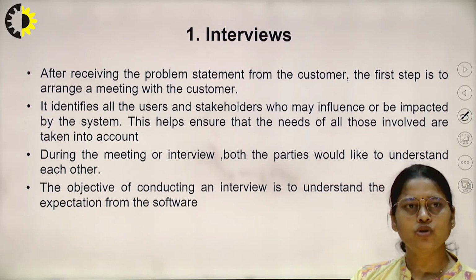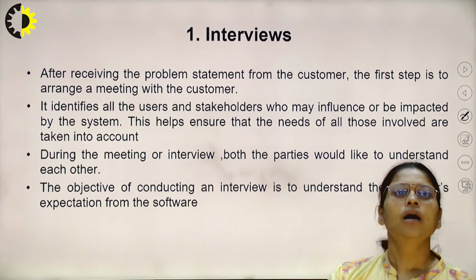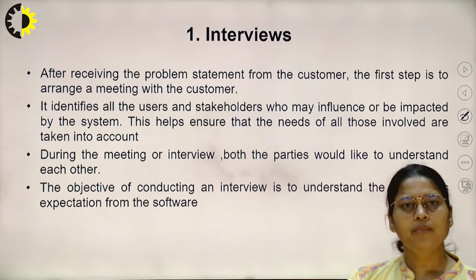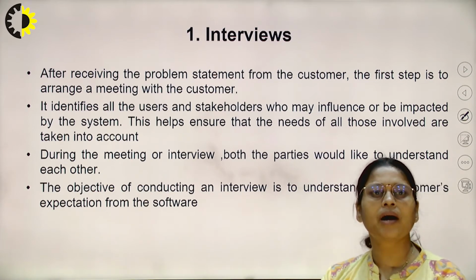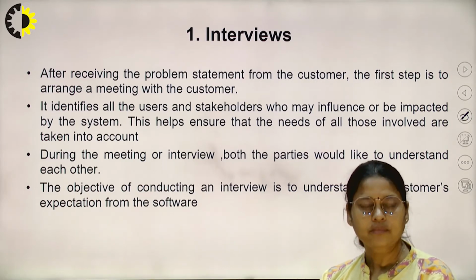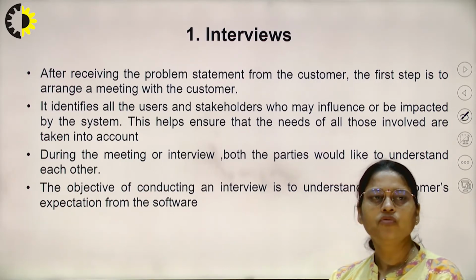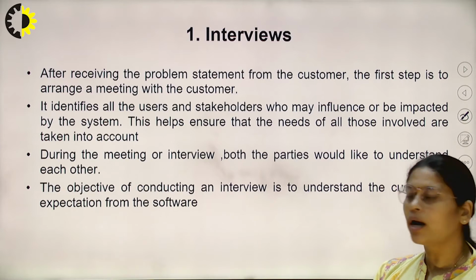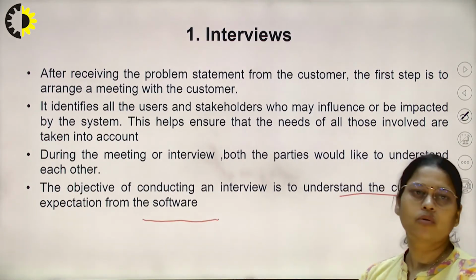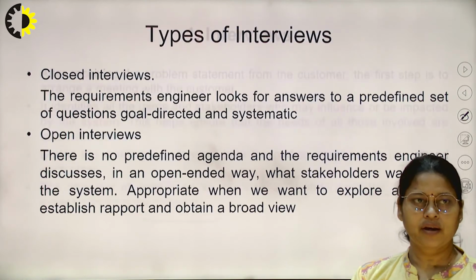This ensures that the needs of all those involved are taken into account. During the meeting, both parties understand the expectations of each other, and the objective of the interview is to understand the customer's expectation or requirement for the software.